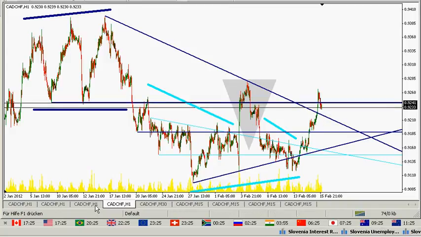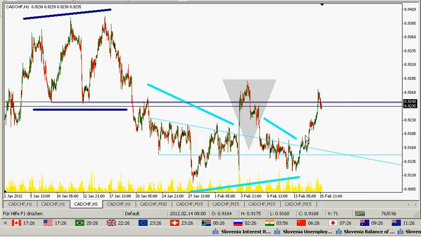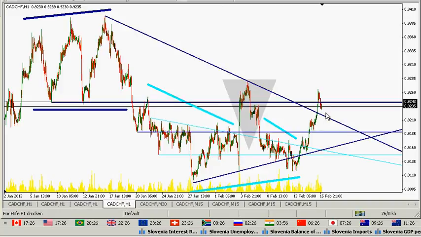With these lines, it's too fast, too furious. So I would vote for a long entry, but not at these prices. Of course you can go long right here right now, and then take the stop wherever you want. Here the first base, second or third base.